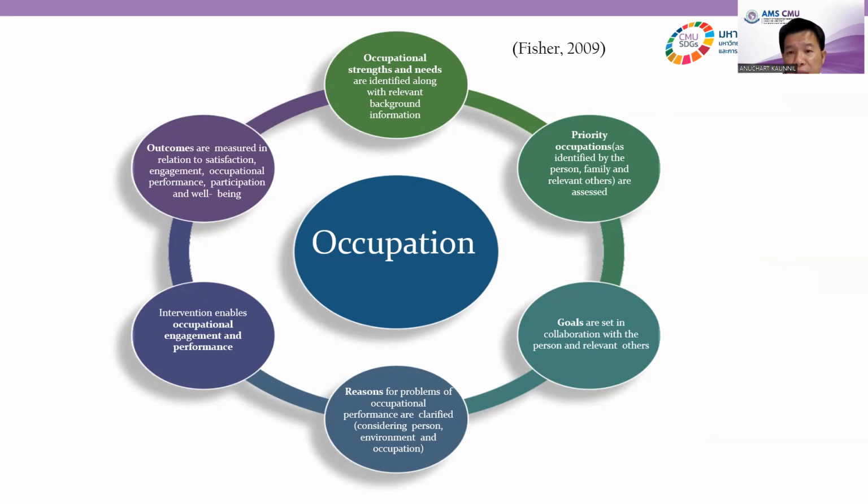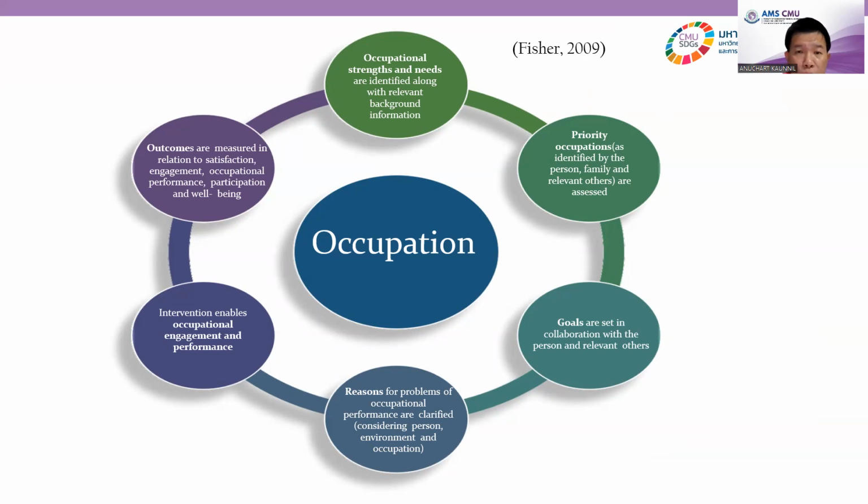Priority occupations are identified by the person, family, and relevant others. Sometimes it is wording from the client, what they can do, but in reality we need to evaluate and assess, and goals are set in collaboration with the person and relevant others, and reasons for problems of occupational performance are clarified.